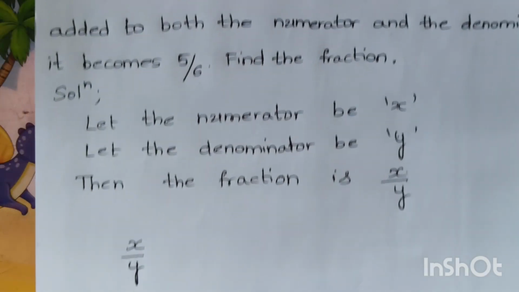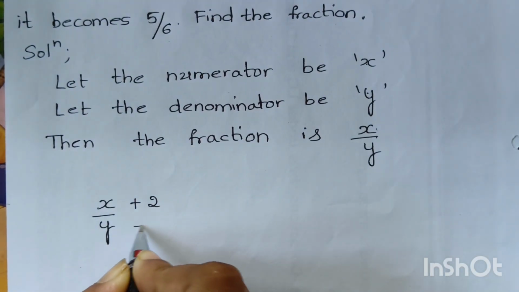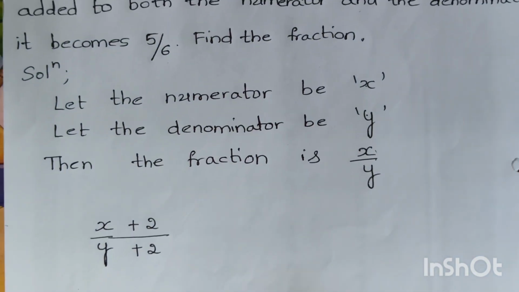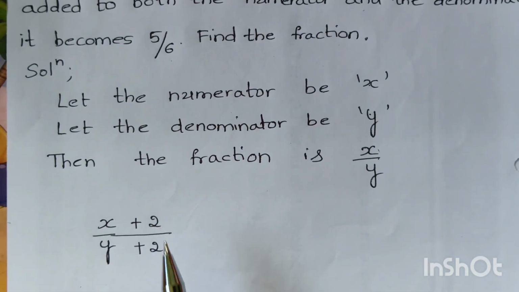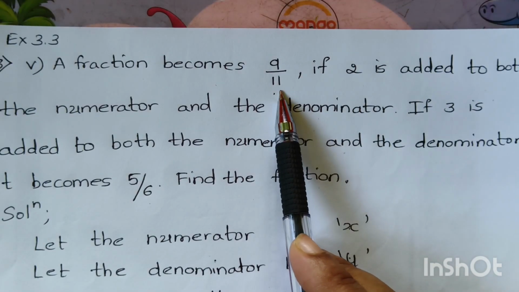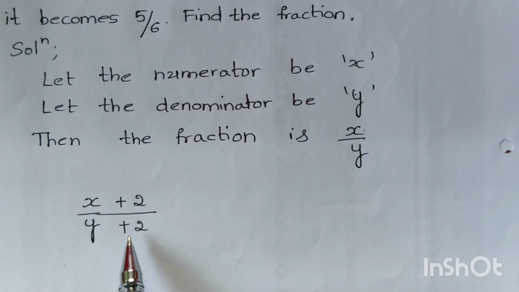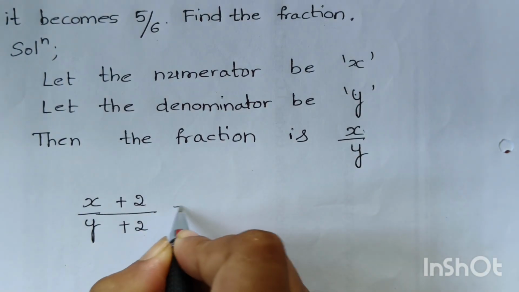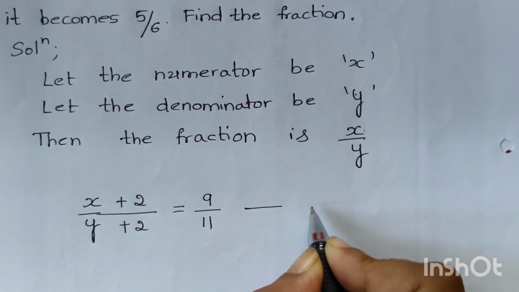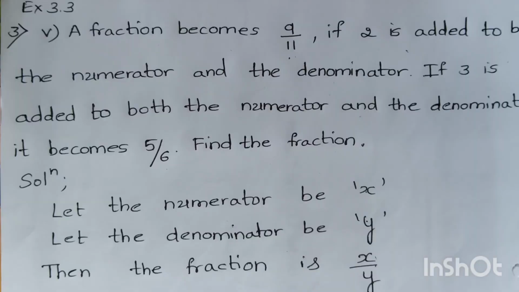So let us add 2 to the numerator and denominator. Then what are they saying? If we add 2 to the numerator and the denominator, the fraction becomes 9 by 11. This is our first equation. We got this equation 1 from the question.